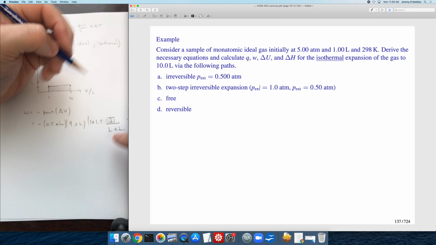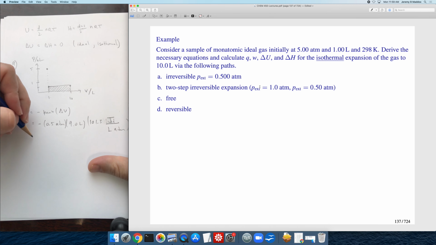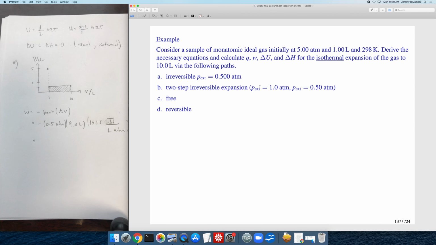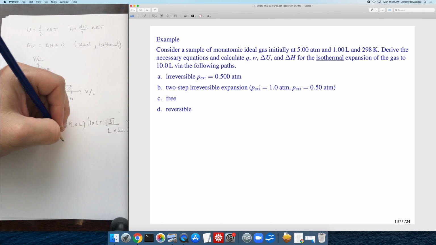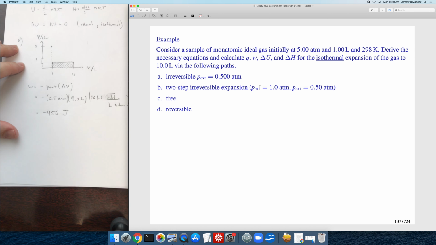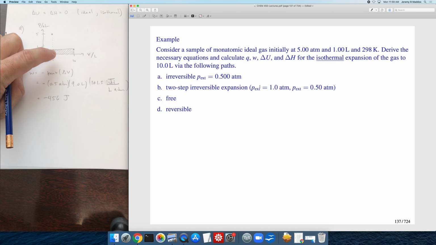And so this is the conversion factor between joules and liter atmospheres. So I'm getting negative 456 joules. That's the work done when the system expands from 1 liter to 10 liters.